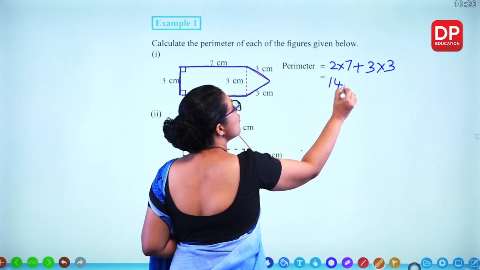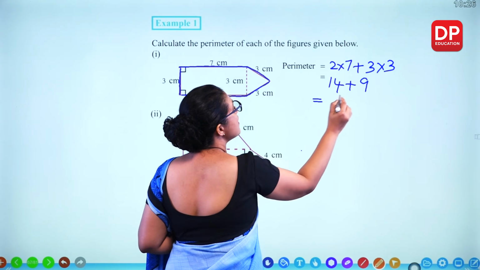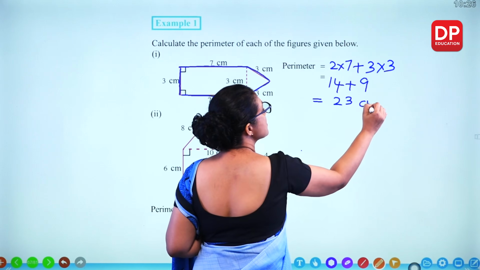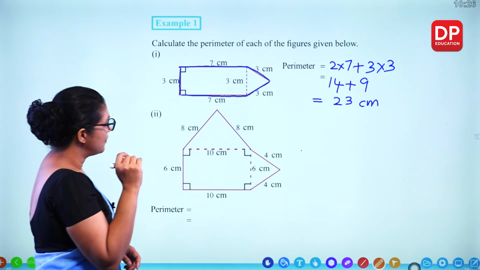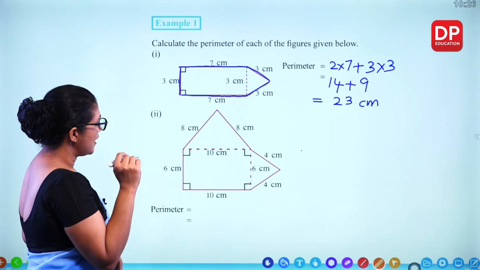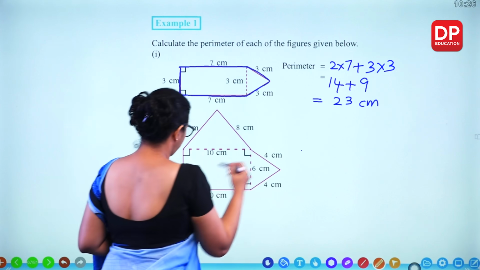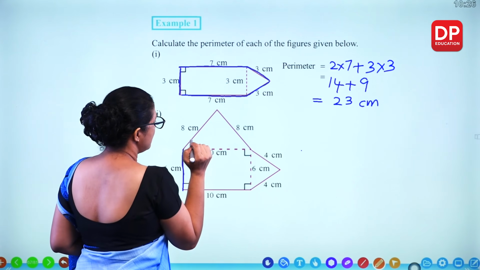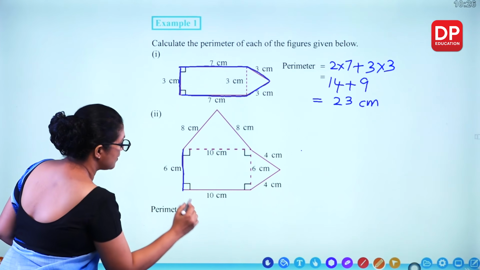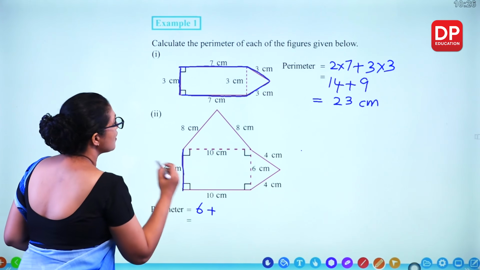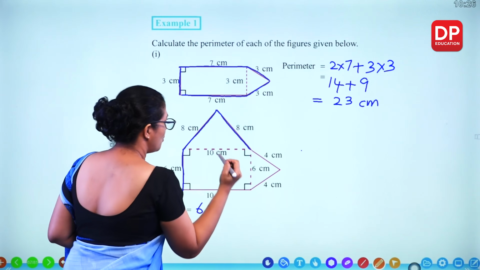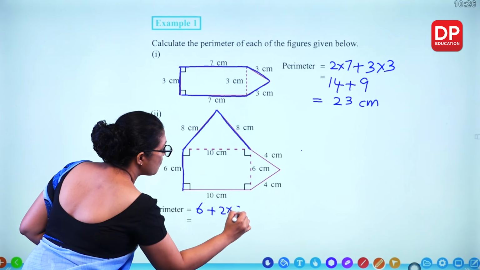7 times 2, 14, and 9, 23 centimeters. This one, we'll take 6, only 1, 6. If you take 8, 1, 2, 2 8s.